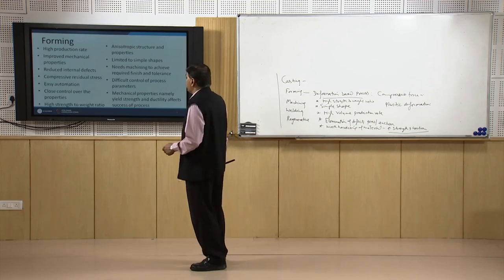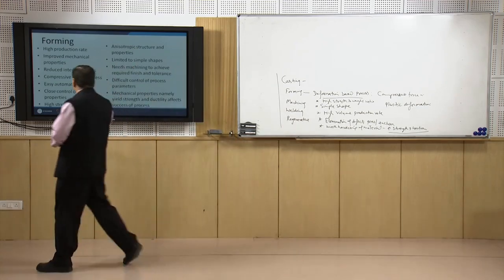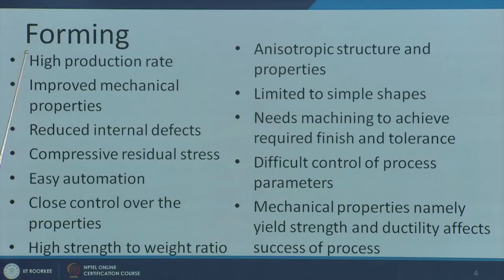So, if we see here the advantages, the forming processes offer high volume production rate, improved mechanical properties due to the work hardening associated with the deformation based processes in forming, and the internal discontinuities and defects are closed under the effect of the deformation and therefore reduce the internal defects.